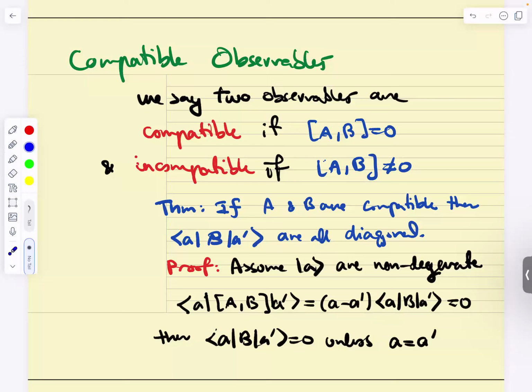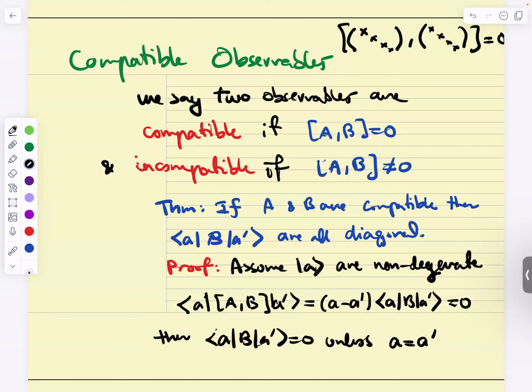Is that clear? Let's pause and see if that's understandable. If I have two diagonal matrices, the rest is 0, right? The commutator of two diagonal matrices is what? 0. What this theorem says is going the other way around. Every time you have two observables that commute, you could write them as diagonal in the same basis.